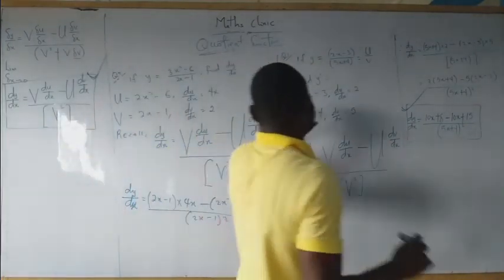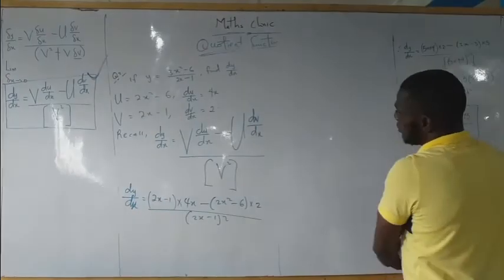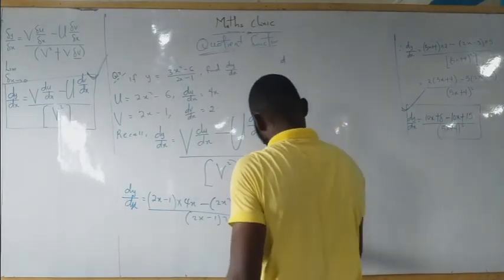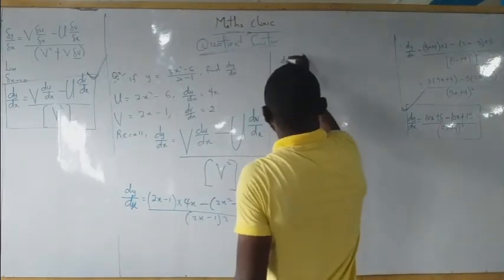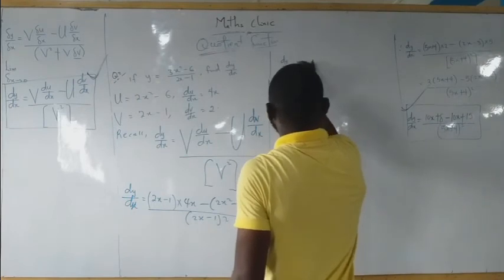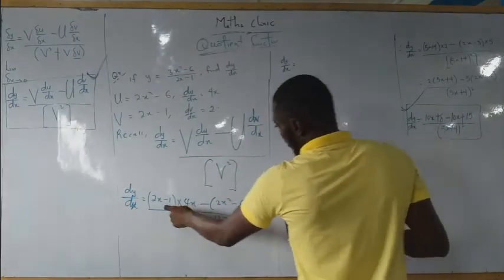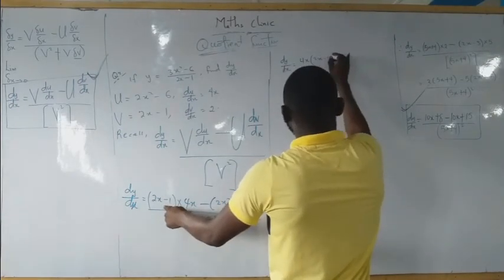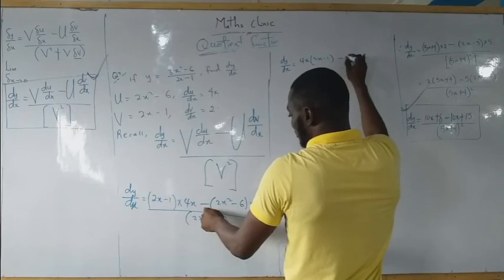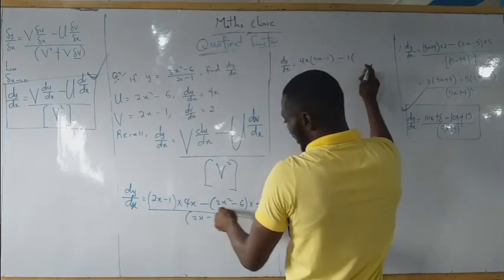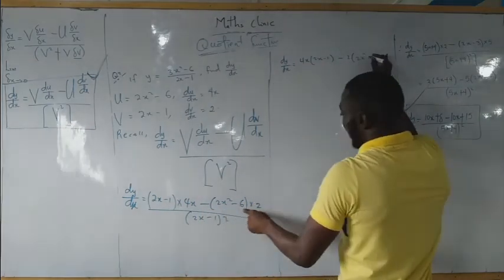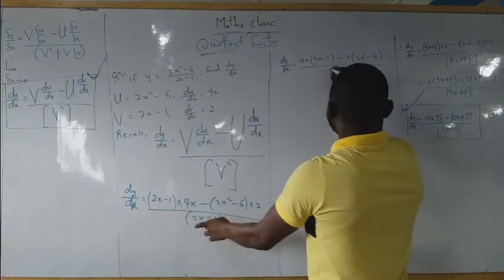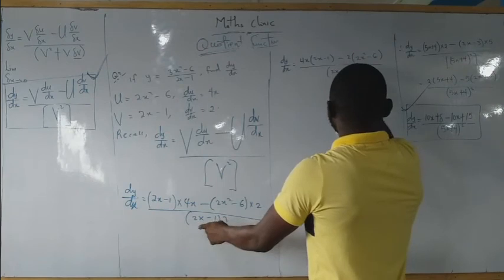So that gives us dy upon dx equals the same thing, 6x into bracket 2x minus 1, minus 2 into bracket 3x squared minus 6, over 2x minus 1 all raised to power 2.